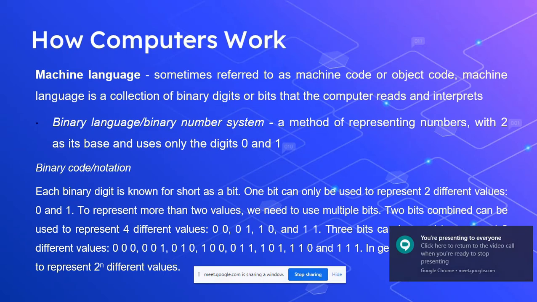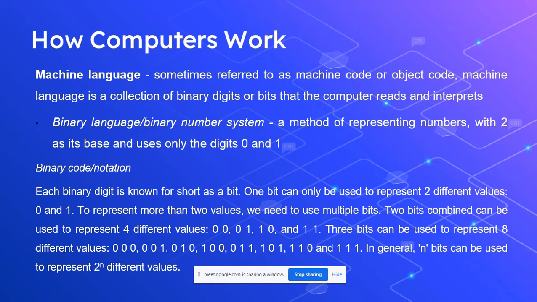So, how does a computer communicate? Ano yung language na ginagamit ng computers? Parehas ba ng communication method na ginagamit natin? In machine language, kasi, iba yung language ng communication ng computers unlike sa atin.